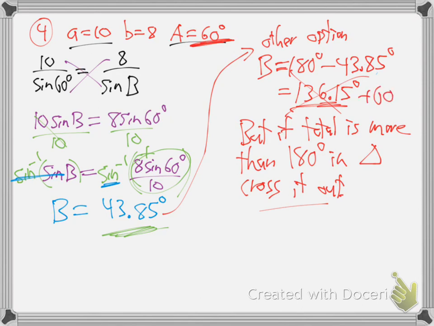Plus 60 is too much, because we already have another angle that's 60 degrees. So we can't have B being 136 plus 60. That'd be 196. In that triangle, that's too much.